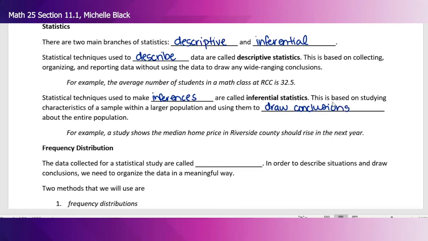Or in other words, making an educated guess, making inferences. For example, a study shows the median home price in Riverside County should rise in the next year. This is not descriptive, it's not for sure based just off numbers, but the stats that were calculated implied that perhaps home prices are going to rise in the future.